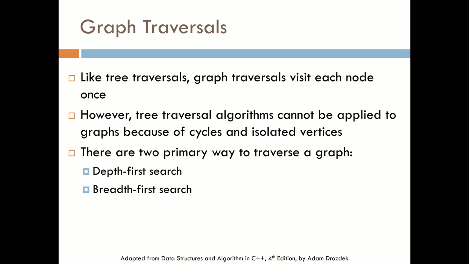But unlike trees, graphs have cycles, and graphs have isolated vertices, components that are not connected to one another. And so we cannot use tree traversal methods. We must use graph traversal methods. There are two primary graph traversal methods, and we will look at both of those.